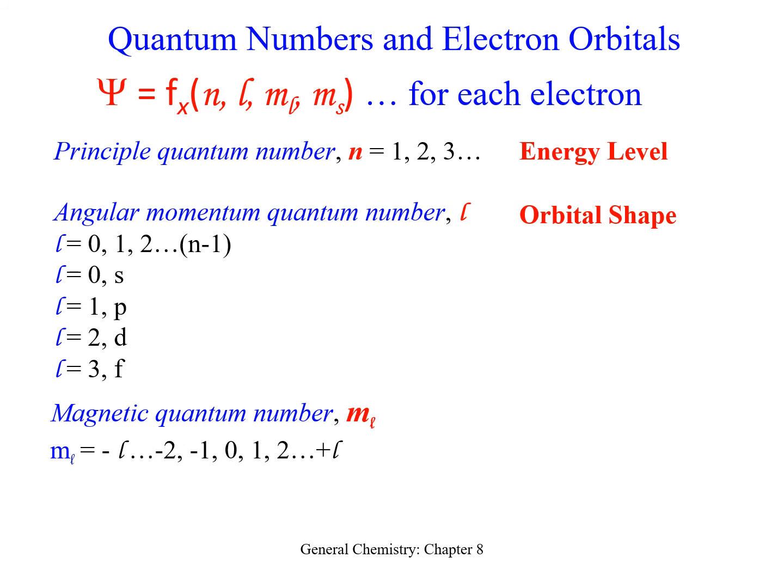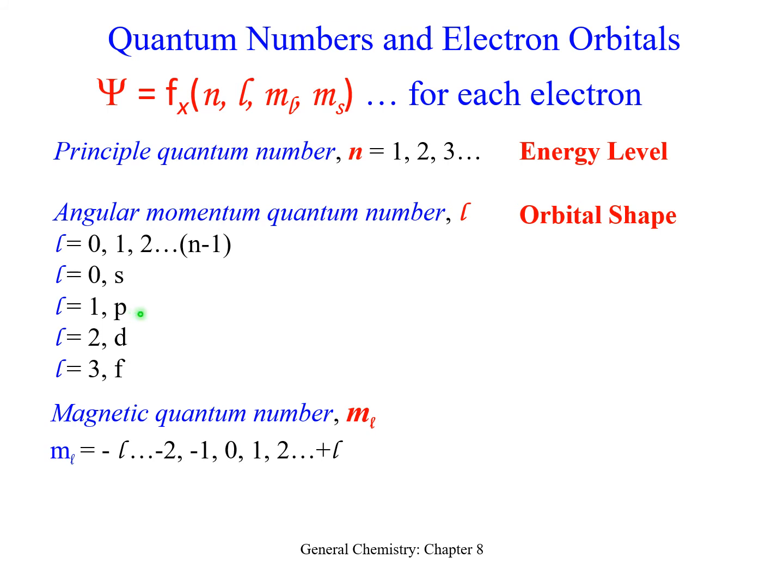The magnetic quantum number, m sub L, describes orientation. So the angular momentum quantum number describes the shape. The magnetic quantum number describes the orientation, m sub L. And think of m sub L as a number line. If this were 0 on a number line, you could go to the left and it'd be negative. You could go to the right and it'd be positive. So if you only have one orbital, like the s orbital, its magnetic quantum number has to be 0.